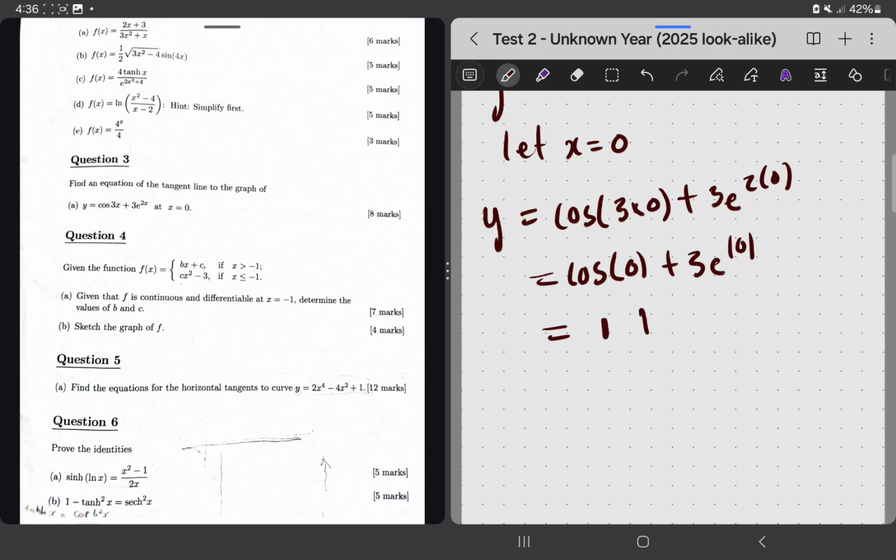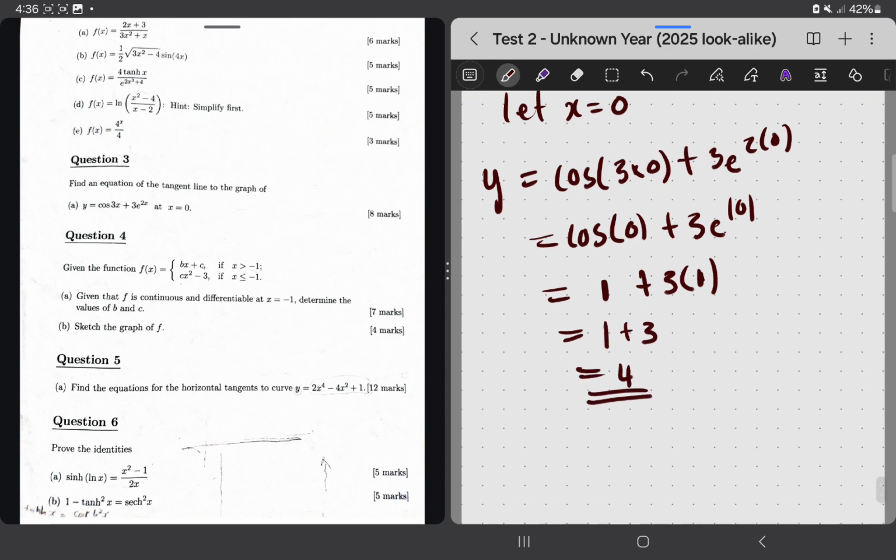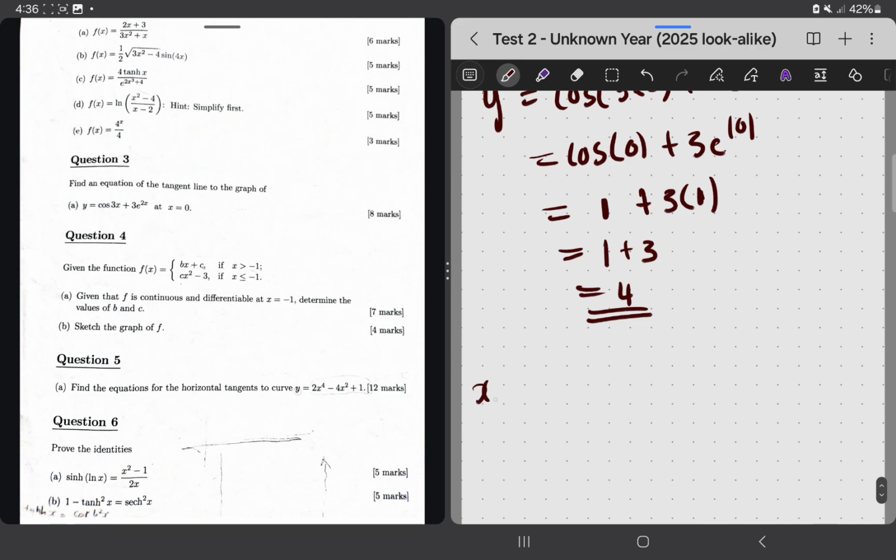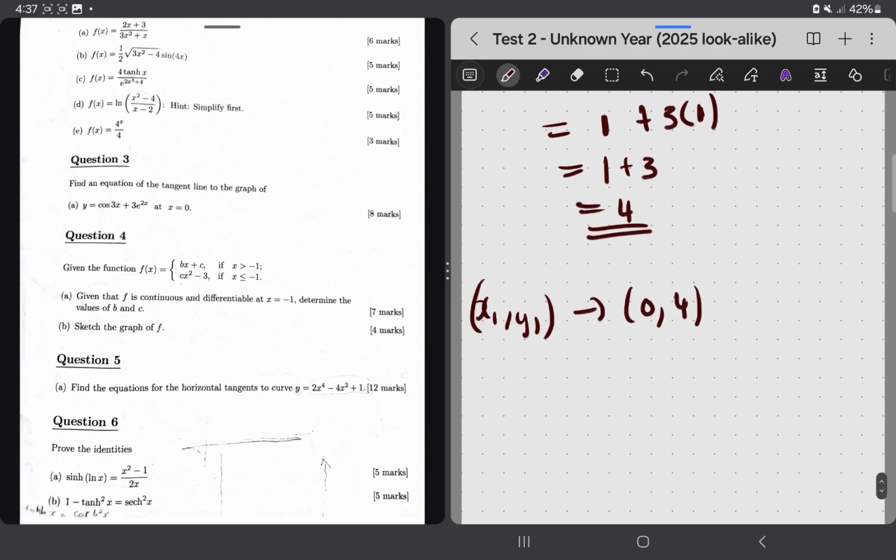Cos of 0 is 1, plus 3 is multiplying, and any number to the power of 0 is also 1, so e to the 0 is just a 1. It's now going to be 1 plus 3, which is 4. So here we get our point. We can therefore say x1 comma y1 is x is 0 comma y is 4. Okay, those are the points.